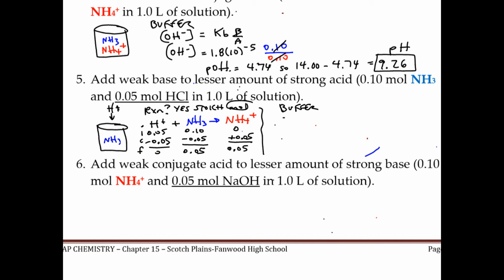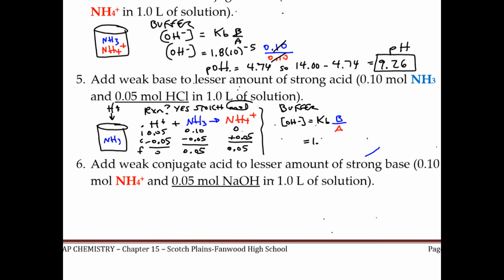The buffer shortcut is going to look very familiar again, just based on the numbers I picked. So that's going to be Kb times B over A. And then you're going to just put in your numbers.